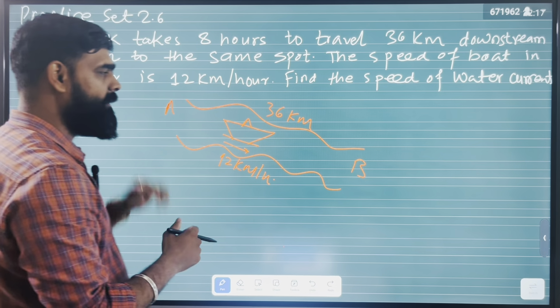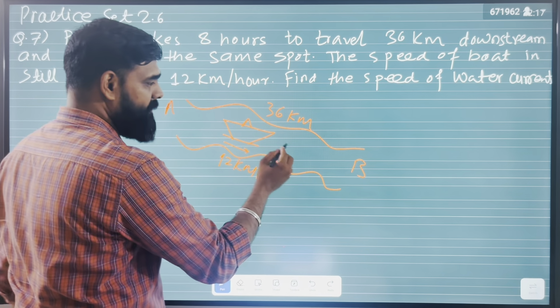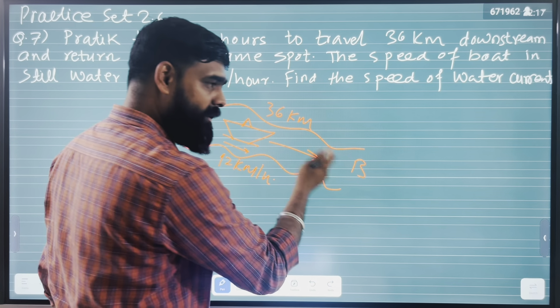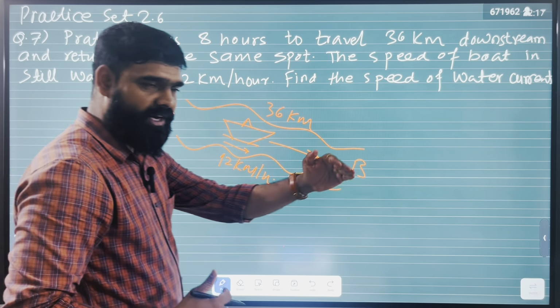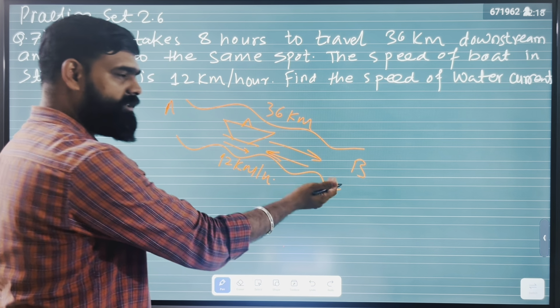B to A again. So there are two conditions. First condition is he is traveling downward with the river, and the other is he is traveling opposite to the river.